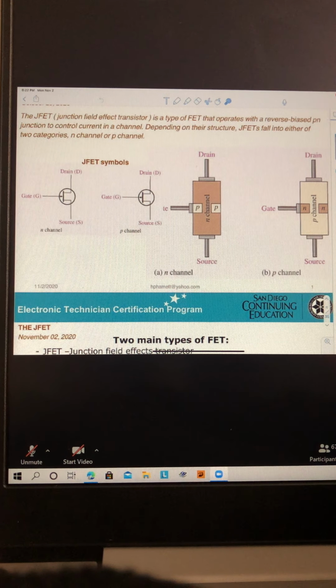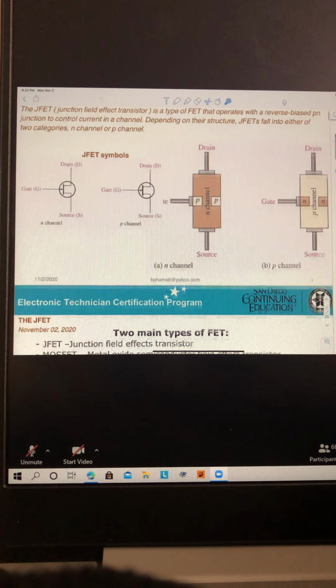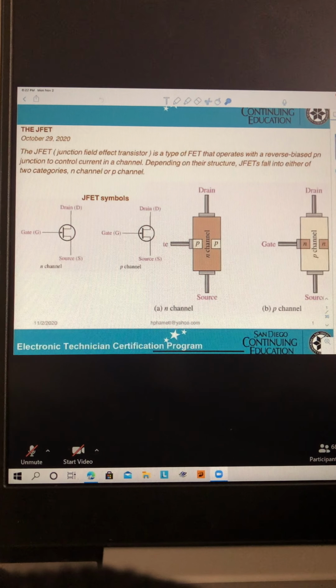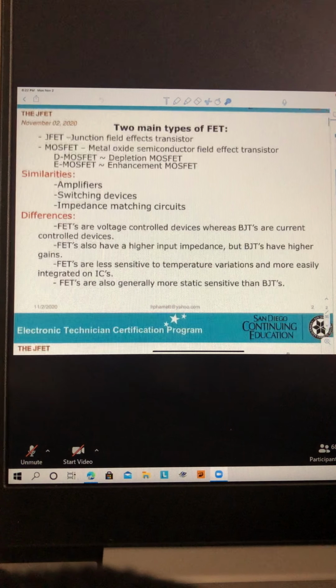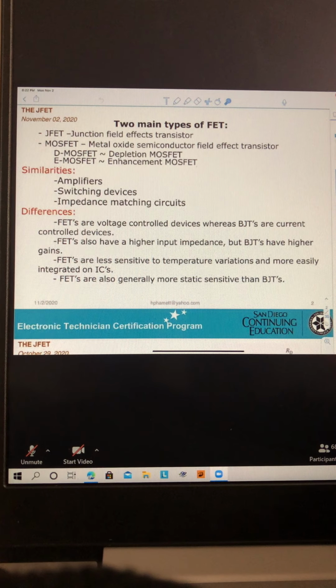Make sure you understand that when you see the symbol, you know it is a JFET, whether N channel or P channel. Get that? Yes, sir.